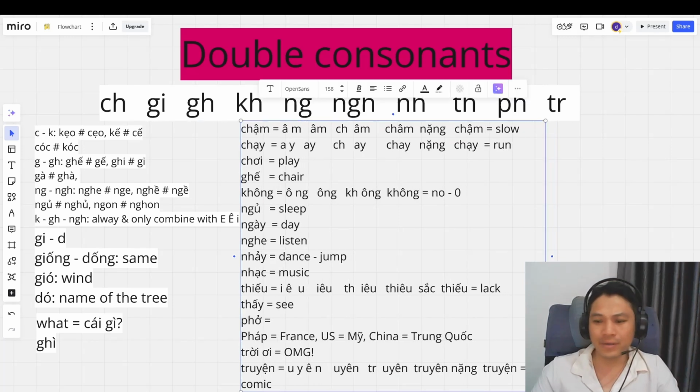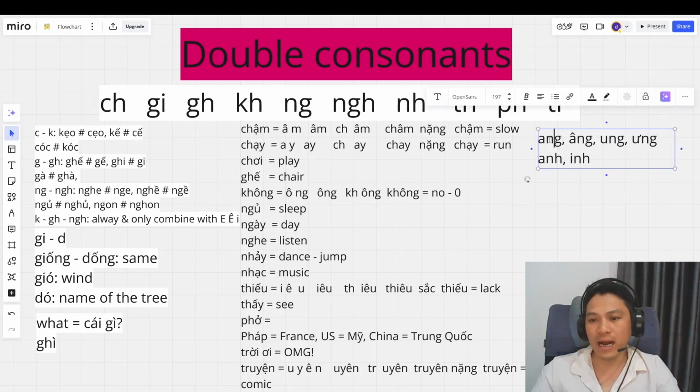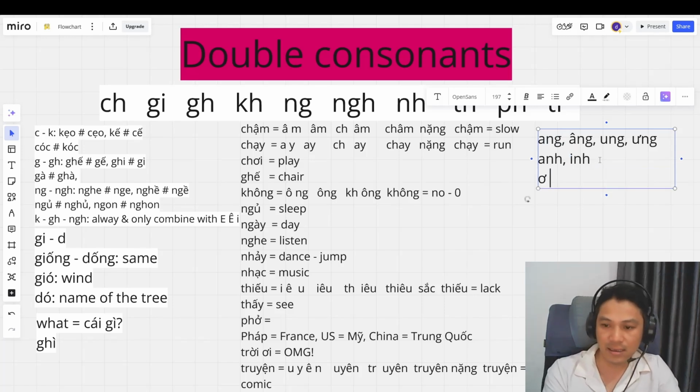And one more thing, when we combine vowels with a double consonant like this, with this word ngờ, they will combine with every vowel except i and e. This one, i and e, they don't combine with ngờ, right?